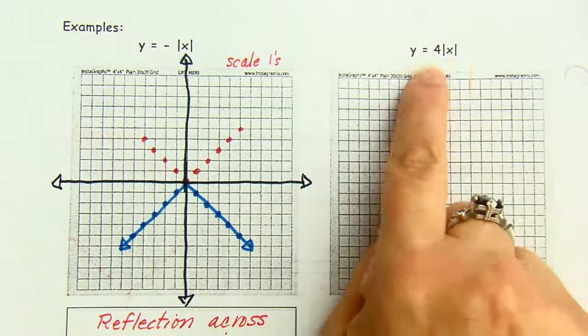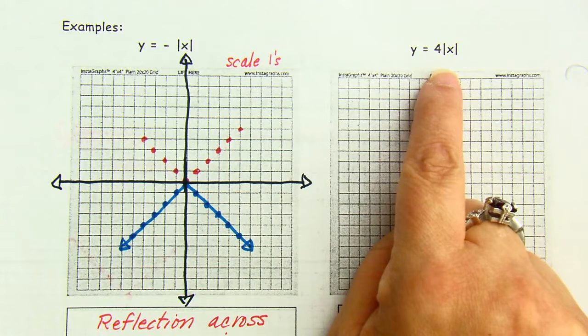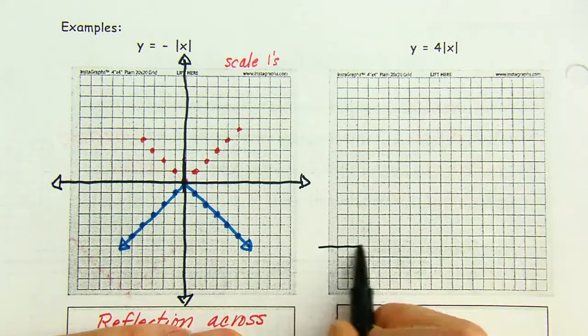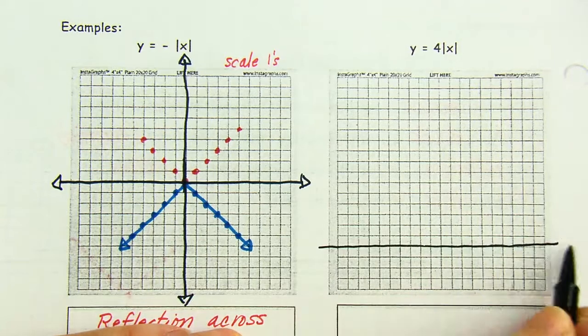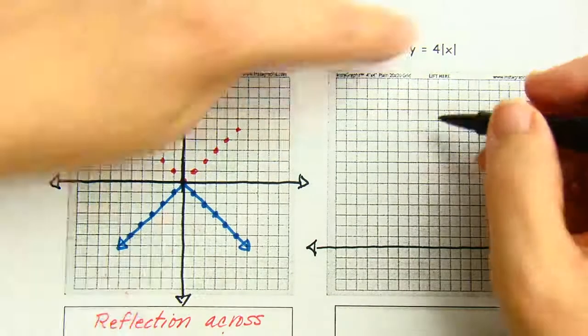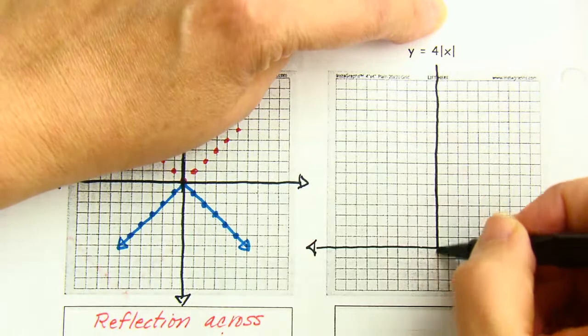Now notice this, if we think of this as slope, this is pretty steep, so this right side of the absolute value function is going to rise up pretty quick. So I'm going to want to make my x-axis pretty low on this grid because I don't need much on the negative side. Because if you notice, the 4 is positive, it's not negative.